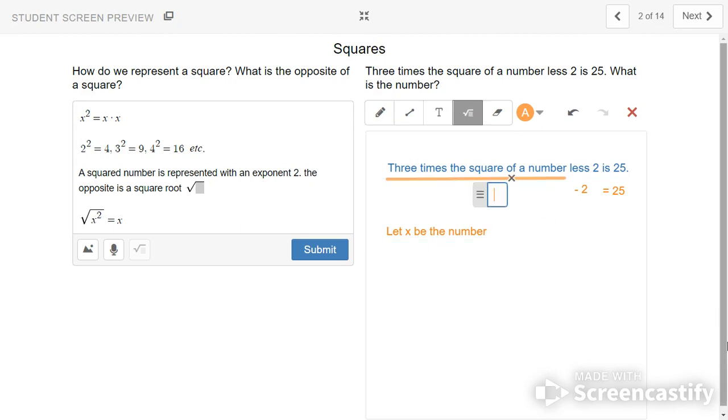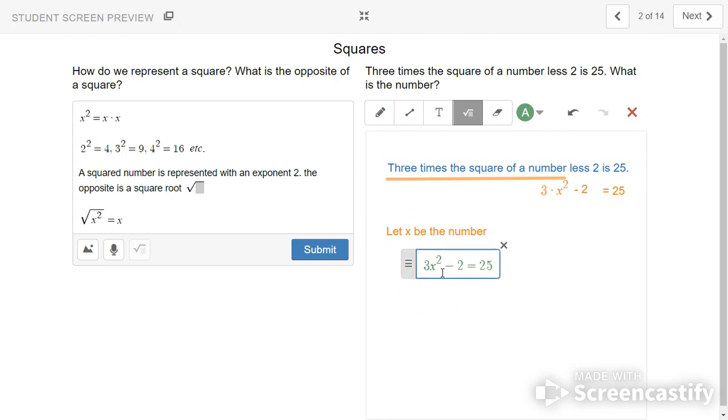We're also going to multiply it by 3. So we have 3 times the square of some number subtracted by 2 is equal to 25. So let me rewrite this math sentence that we have. 3x squared minus 2 is equal to 25.